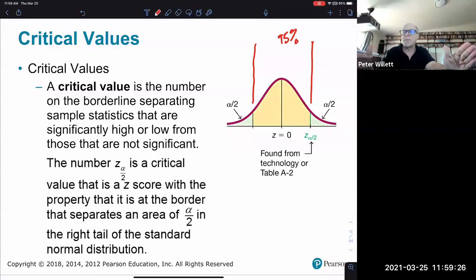That's how I have a 95% confidence interval, because the interval of values I give you, 95% of the probability of getting an answer will fall within that range.